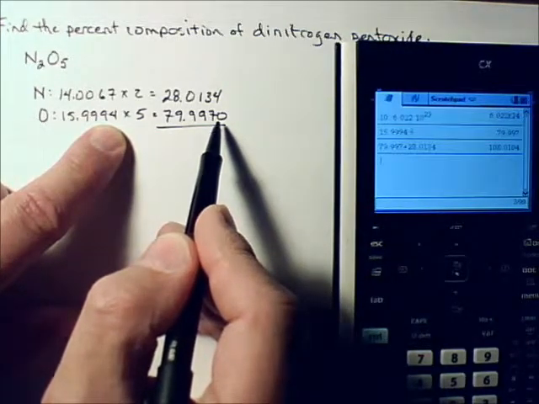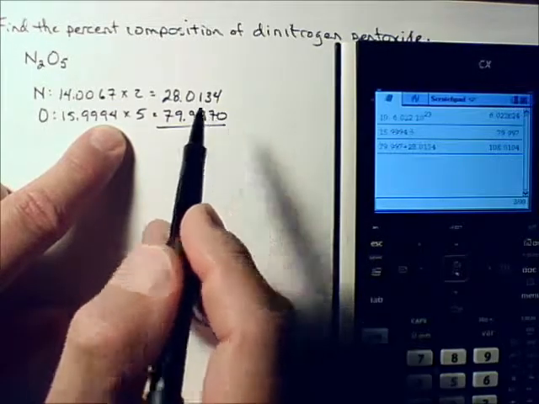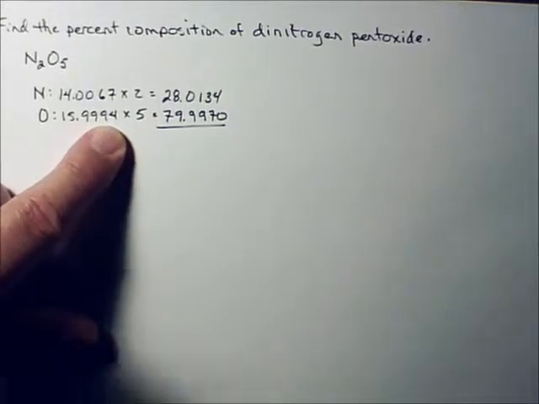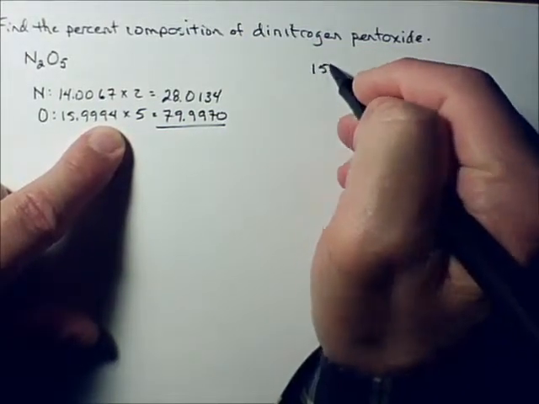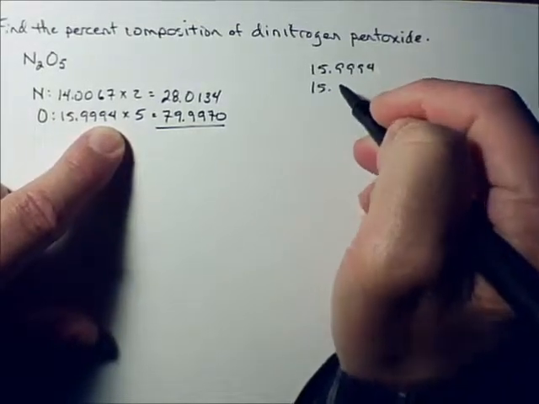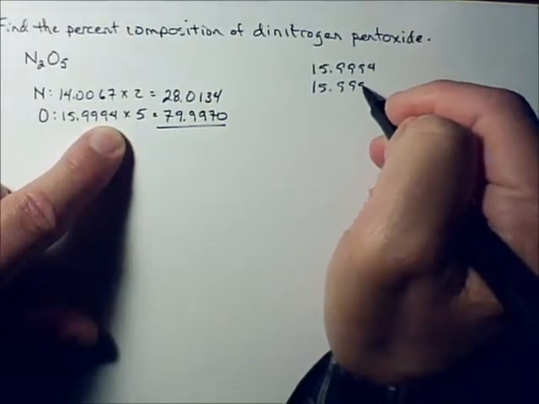I thought you couldn't do that. Well, let's add them. Remember, multiplication is just addition, right? So we're going to take 15.9994 and add it together 5 times.